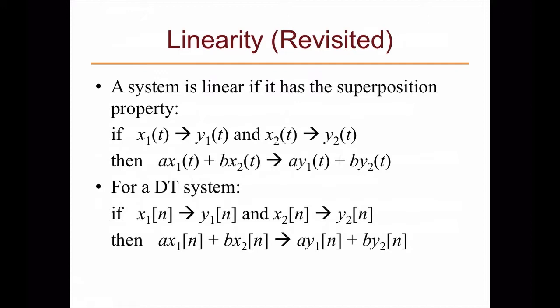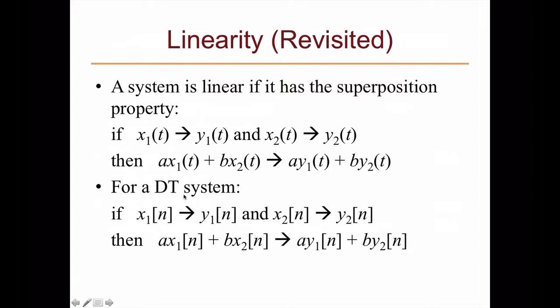Let's first revise the basic concepts a little bit. A system is linear if it has the superposition property. If you combine small inputs that produce individual outputs, then you can expect the combination of the outputs of these small systems.